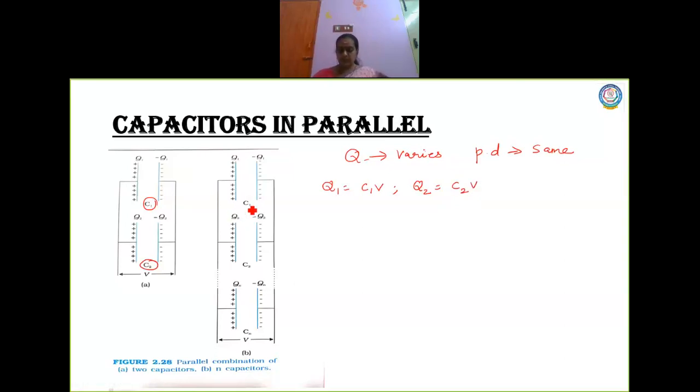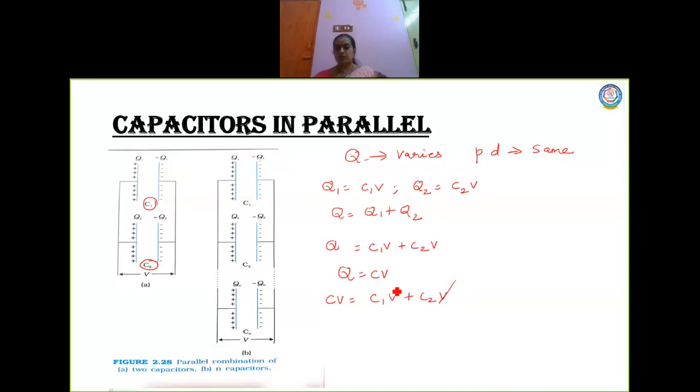So what will be the equivalent capacitance? Q will be equal to Q1 plus Q2. When I substitute here, it is C1V plus C2V, which is Q. But Q can also be written using the effective capacitance, Q is equal to C into V. So CV is equal to C1V plus C2V.